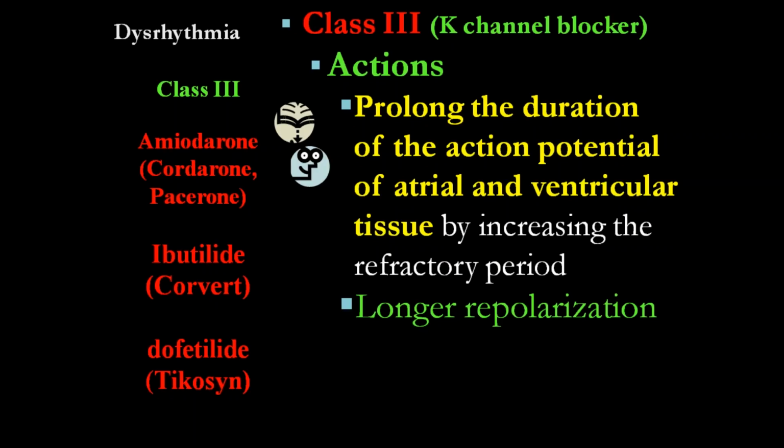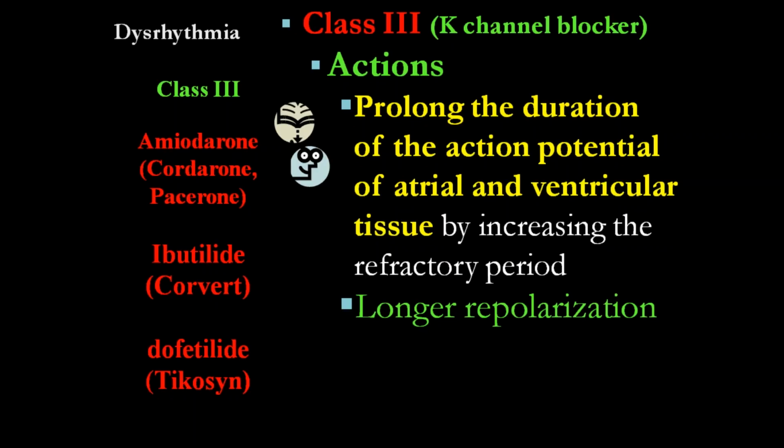So contraction and relaxation. The time to produce the whole contraction and relaxation. Potassium channel blockers are going to make this time of depolarization and repolarization longer, especially the refractory state, which is the repolarization. What is the refractory?